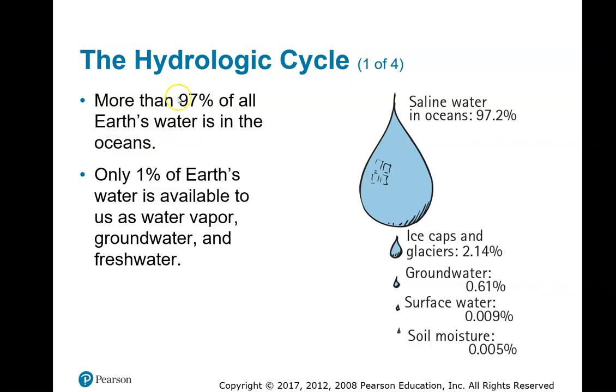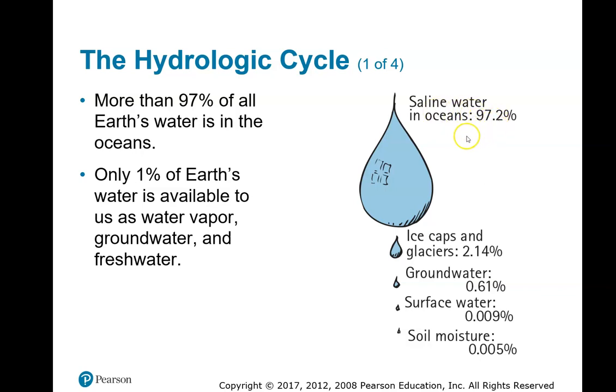Now it doesn't stay there permanently, but that's a huge amount, right? That's by far the most water, and it is water that we can't drink. Think about that. Most plants can't use this type of water either.